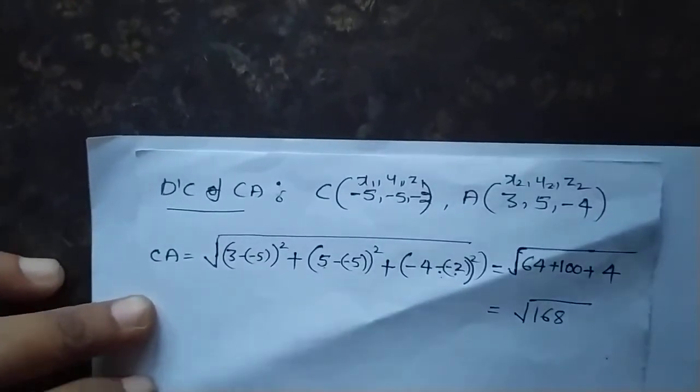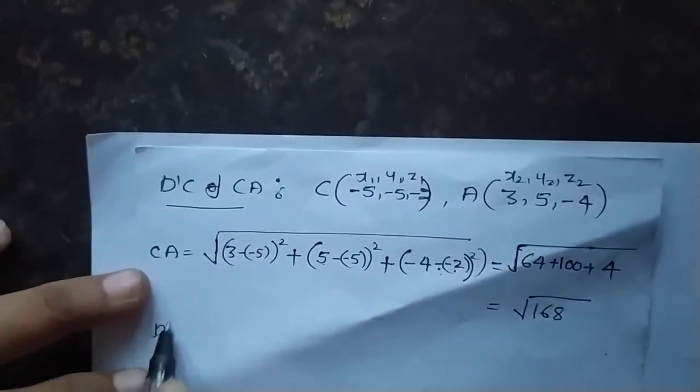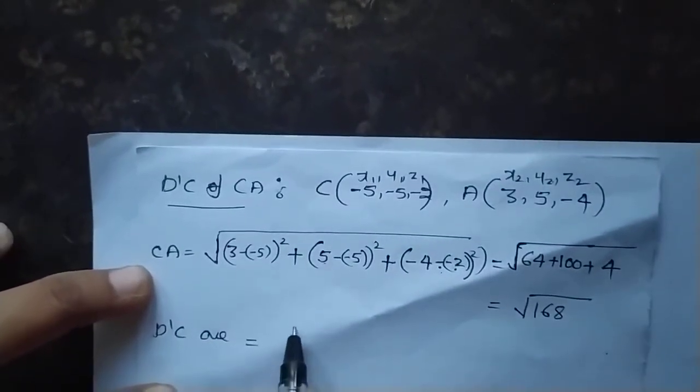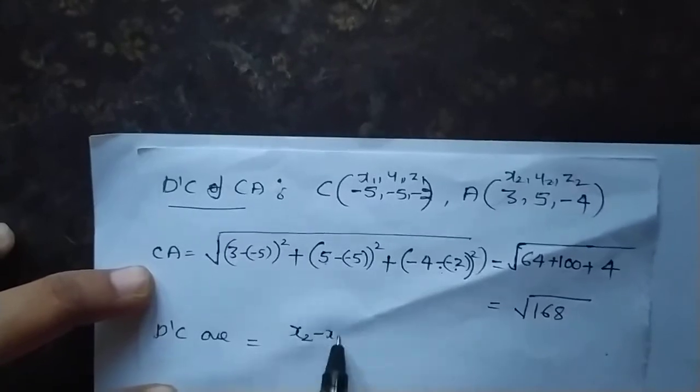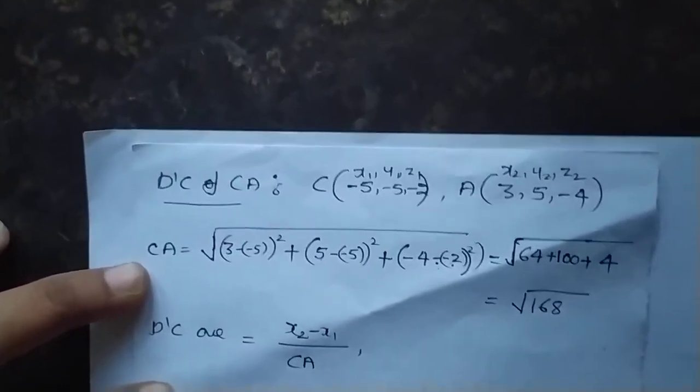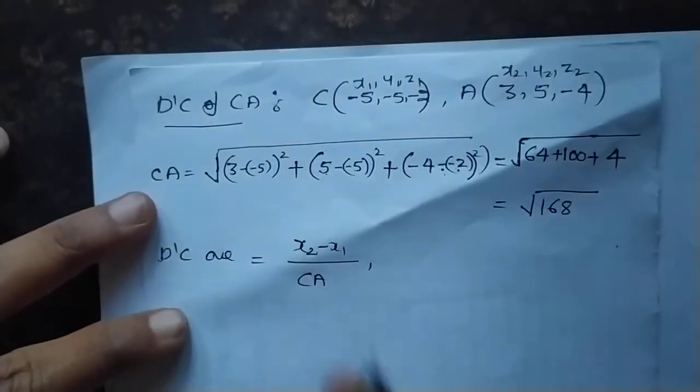Square root of 168. Next, write down the formula. Direction cosines are (x2 minus x1) divided by CA, (y2 minus y1) by CA, and (z2 minus z1) divided by CA. Here we are finding the direction cosines of CA.